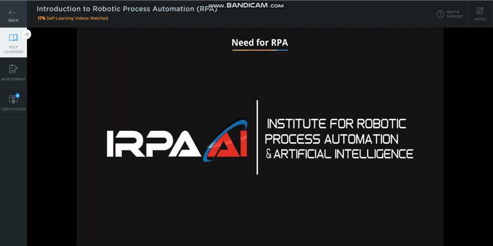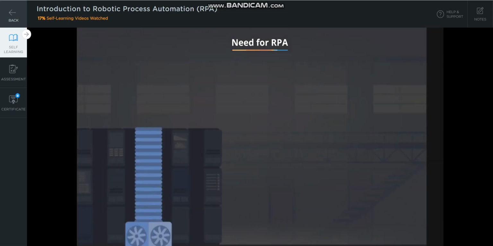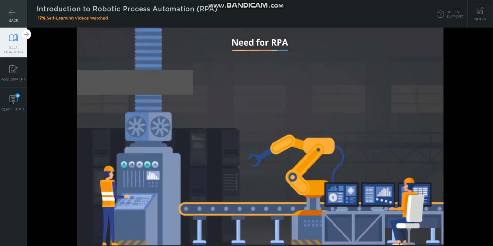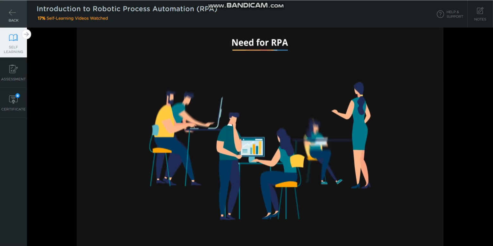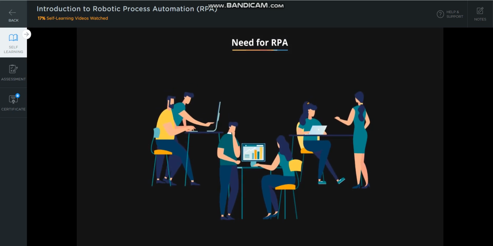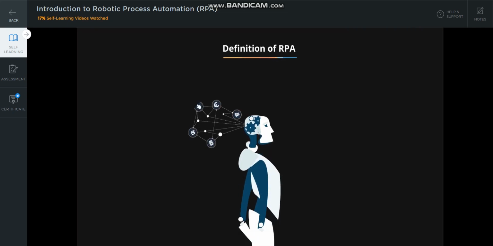According to Institute of Robotic Process Automation, IRPA, organizations that depend on labor on a large scale for general knowledge process work, in which people perform high-volume, highly transactional functions, can improve from RPA. Define RPA.